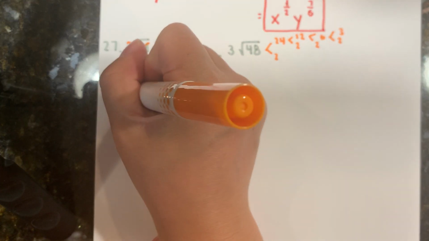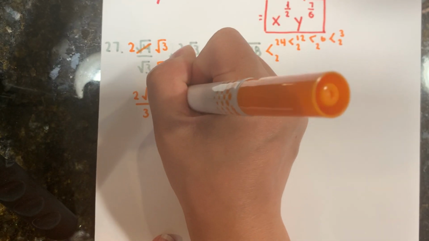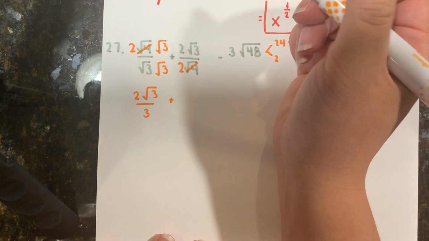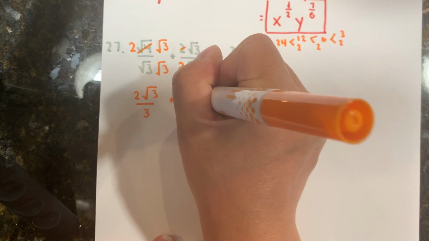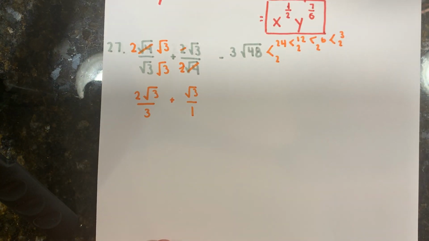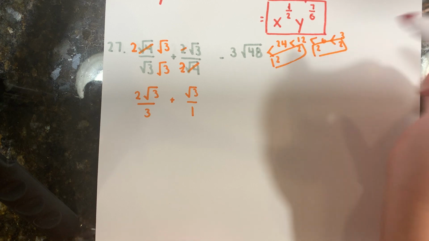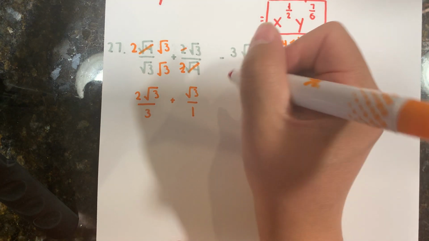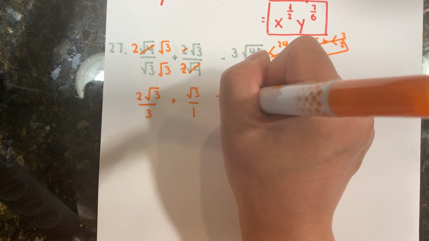So my first one would be 2 root 3 over 3, plus, well, these 2's would cancel, so that would just be root 3 over 1, and then minus, so there's a pair of 2's, so 4 times 3 would be minus 12 root 3.